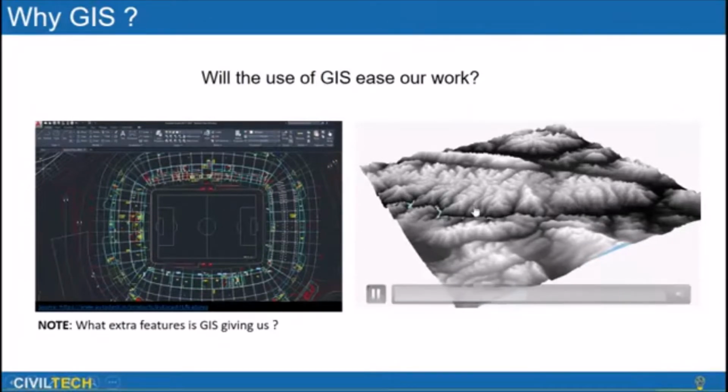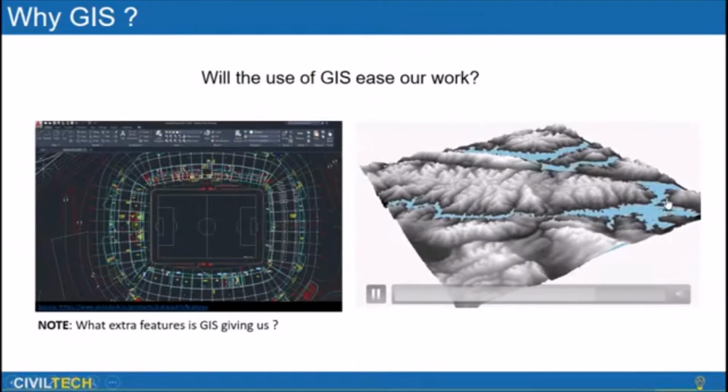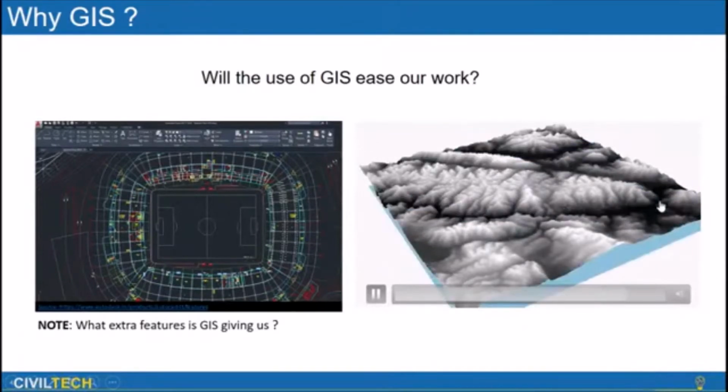If you closely look at the diagram on the right side, you can see that the water is slowly approaching through the channel, and you can visualize which part of the area is going to drown first if floods come, right? This kind of analysis is not possible if you do it in AutoCAD, right?